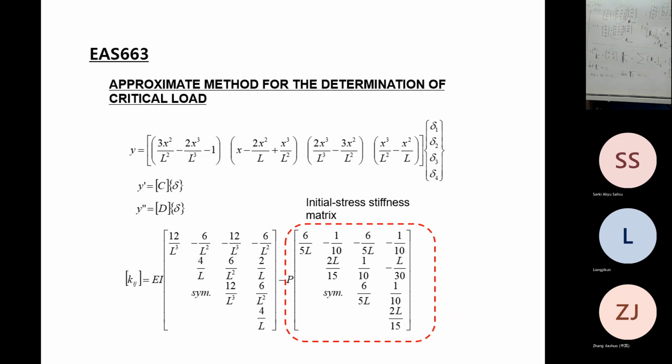This matrix will be given to you. So this is for the beam part. Beam doesn't have this P0. So in our example, the horizontal member, we don't consider this. The vertical member, we consider, plus this P.